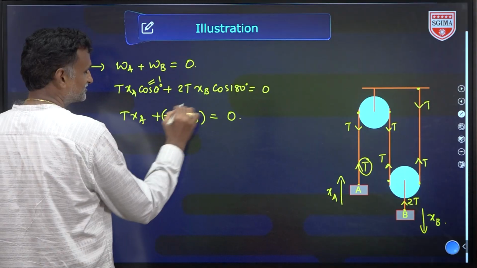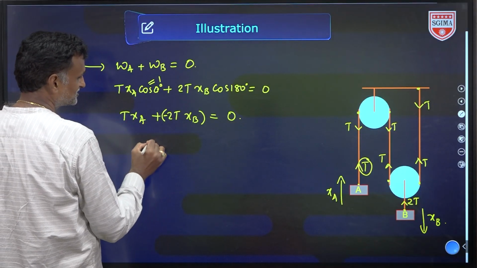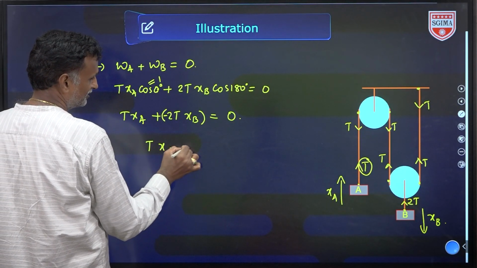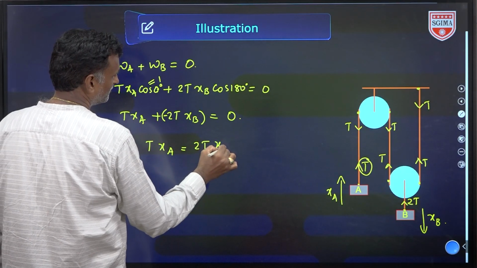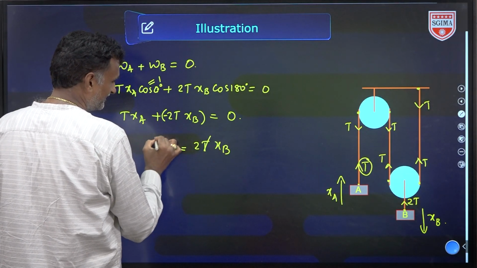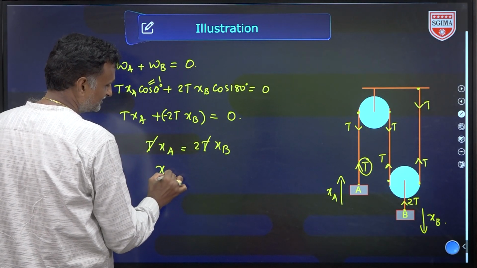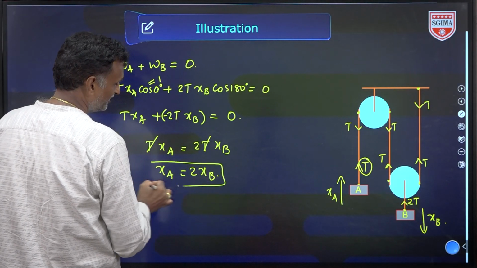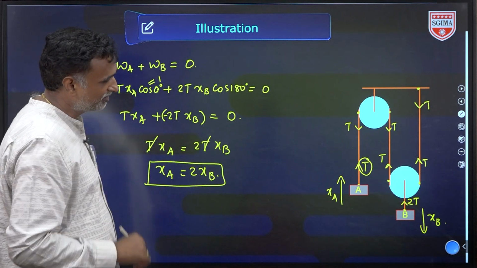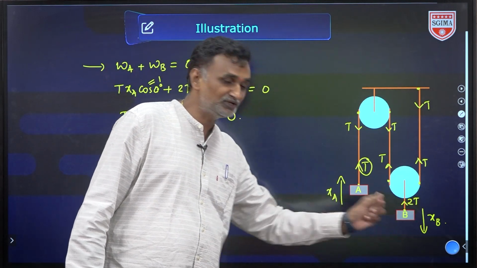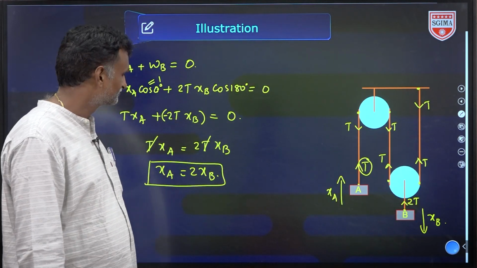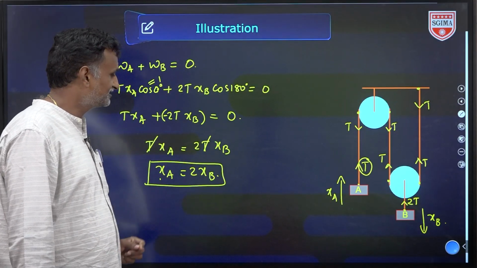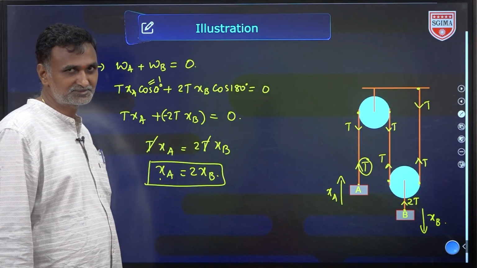So, this minus shifting to the right side becomes plus. So, TXA equals 2T XB, where T cancels, XA equals 2 times XB, which means when 2 meters of displacement is covered by block B, then XA covers 4 meters.